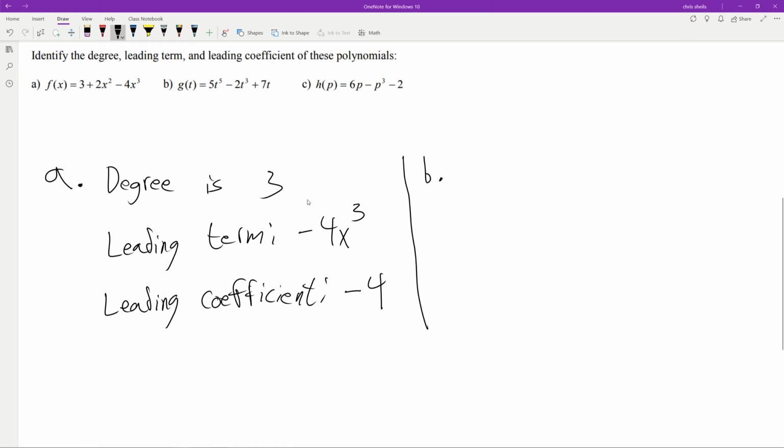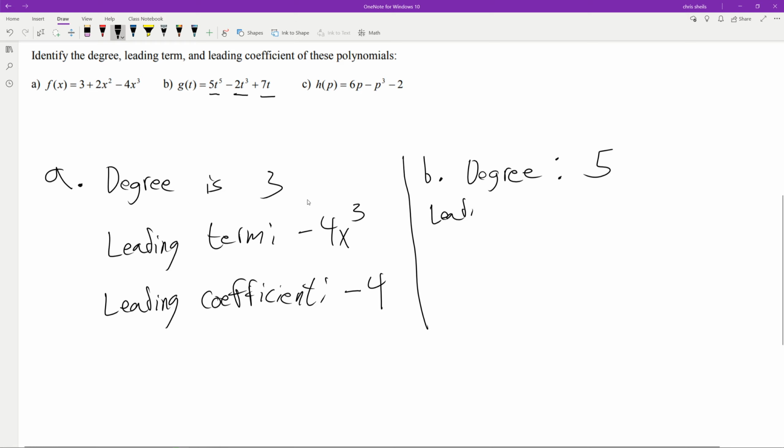For B, the highest power that I see here, let's see, I have a power of 5 in this first term, I have a power of 3 in this second term, and I have a power of 1 in this third term. So the highest power I see is 5. So the degree of polynomial B here is 5.